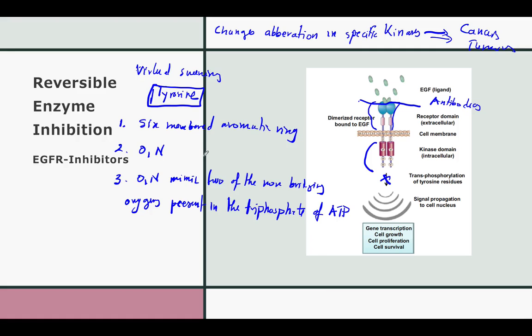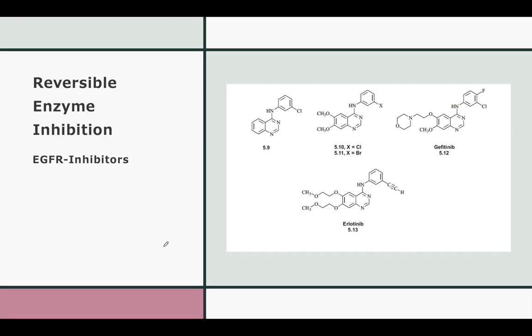Now they went ahead and ran the screening. They did the virtual screenings through a library of compounds that they had available at the company, and they came up with these molecules here.